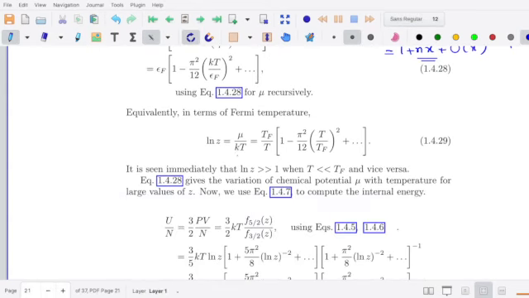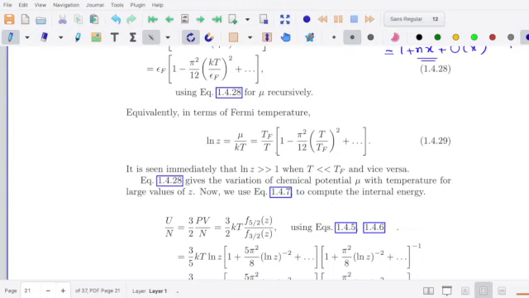Now from this equation, we see that mu by kT equals Tf by T times 1 minus pi squared by 12 times T by Tf squared, plus higher order terms, which will involve higher powers of T by Tf.